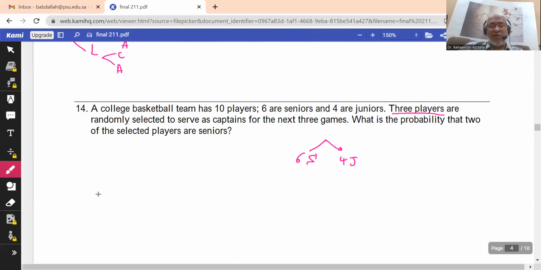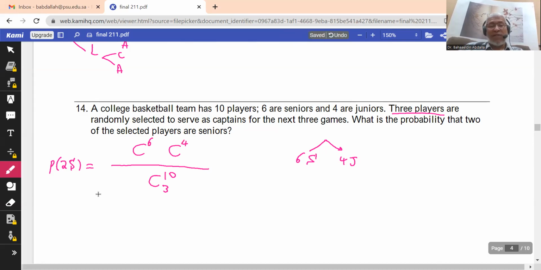Okay, this is a hypergeometric distribution, and the probability of 2 seniors would be equal to C over C. I have 10 players and I need to select 3 of them. Those 10 players are divided into 6 seniors and 4 juniors.